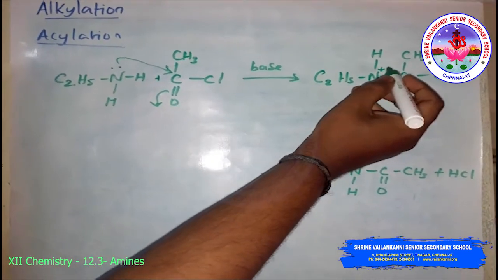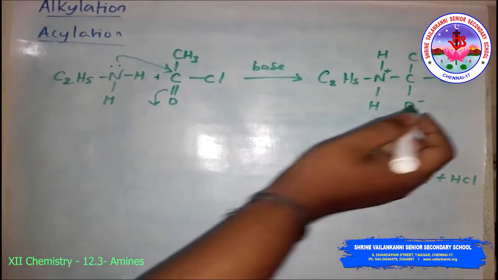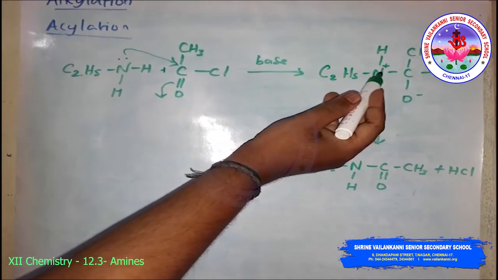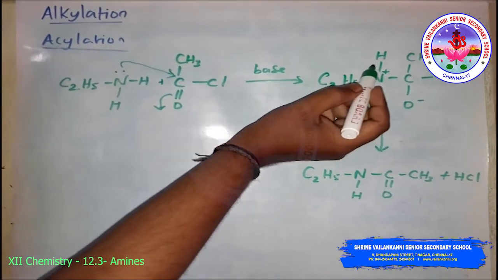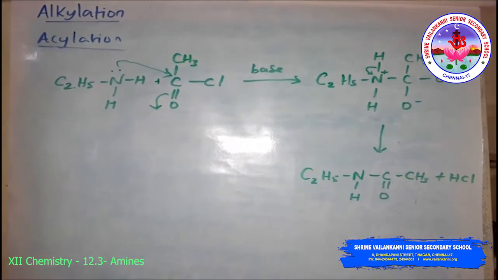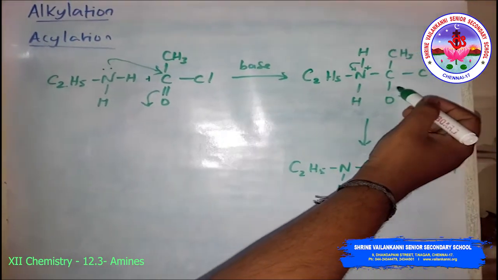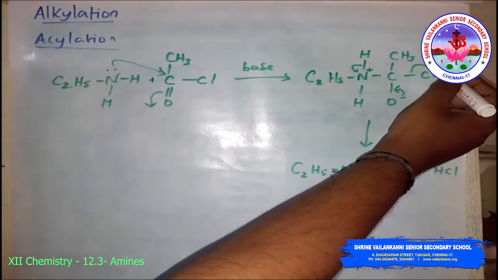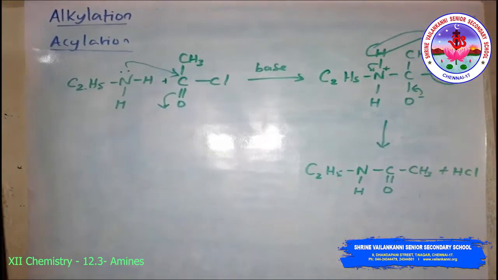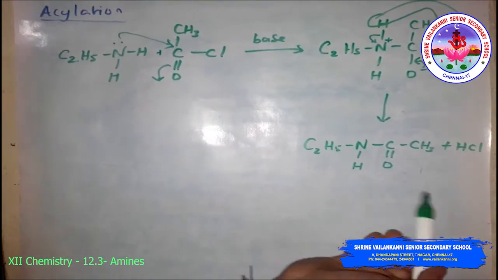The oxygen having the negative charge stabilizes the positive charge. Then the oxygen bond is shifted back, and the chlorine goes out, that means HCl goes out. So the remaining product is N-ethyl amide.